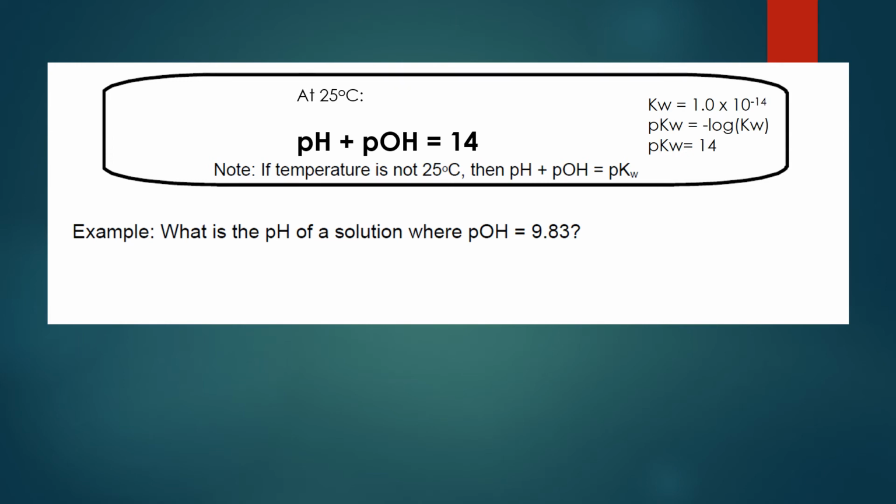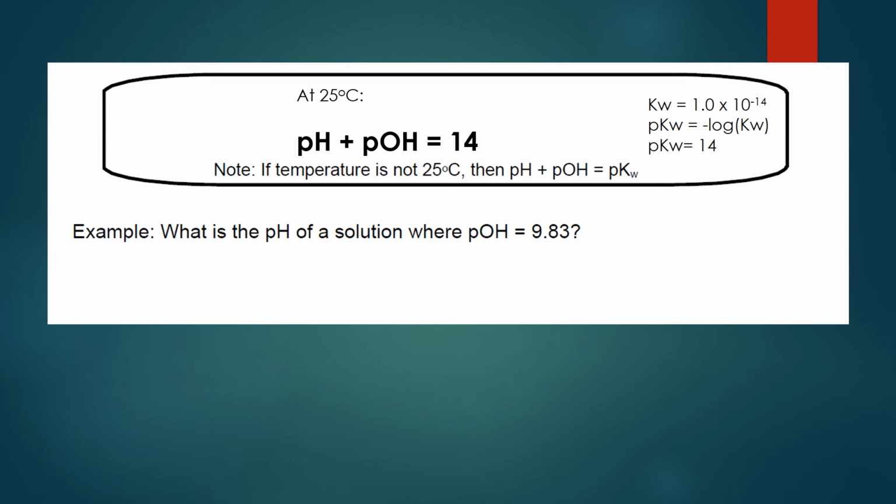That 14, we actually take the pKw. So we're going to take the negative log of our Kw value, and that's where we get the 14 from. So if you are told that we're at 52 degrees and it's given you a different Kw value, you can calculate what the pH plus the pOH will add up to by taking that negative log of whatever the Kw value is.